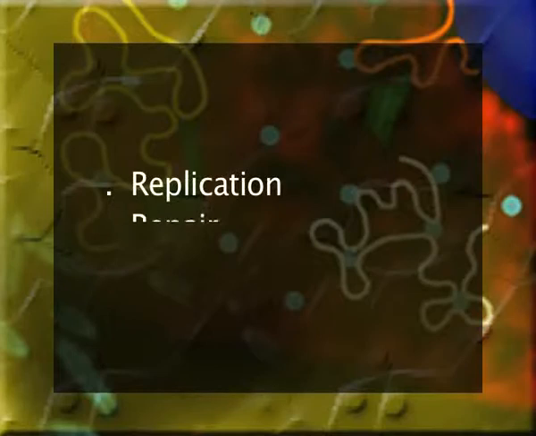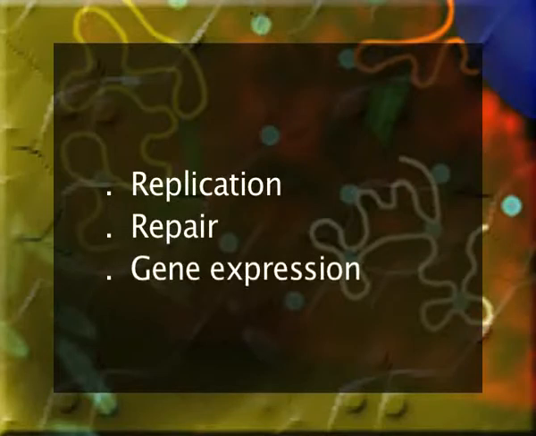Not only do chromosomes condense and relax in concert with the cell cycle, but different regions of the interphase chromosome must unpack to allow cells to access specific DNA sequences for replication, repair, or gene expression. Chromosome packaging must therefore be flexible enough to allow rapid, localized, and on-demand access to DNA.